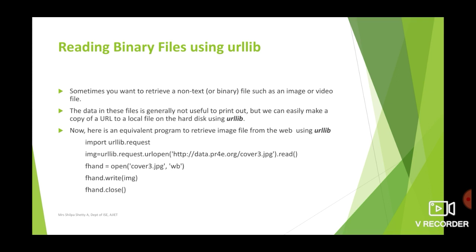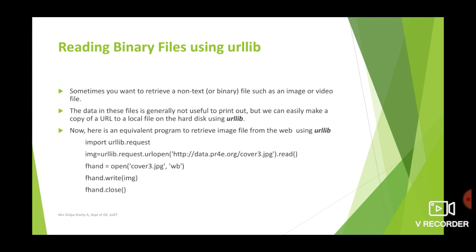Again, the first two lines are quite similar. So import urllib.request. We need to import the library here. Then img is the variable created for the file object here. That is, the URL is opened here and identified by img.